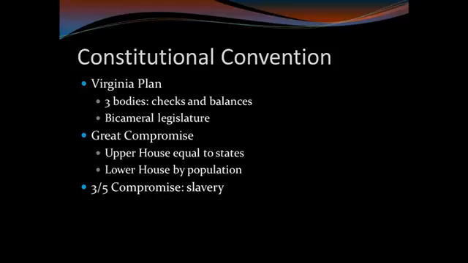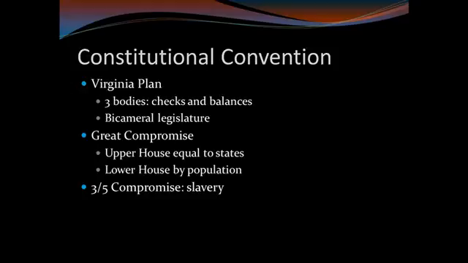If you count slaves as one in the population, then that would mean the slave states would have more representatives in the House of Representatives, or the lower house. If you counted slaves as zero, they would get less representation in the House of Representatives.